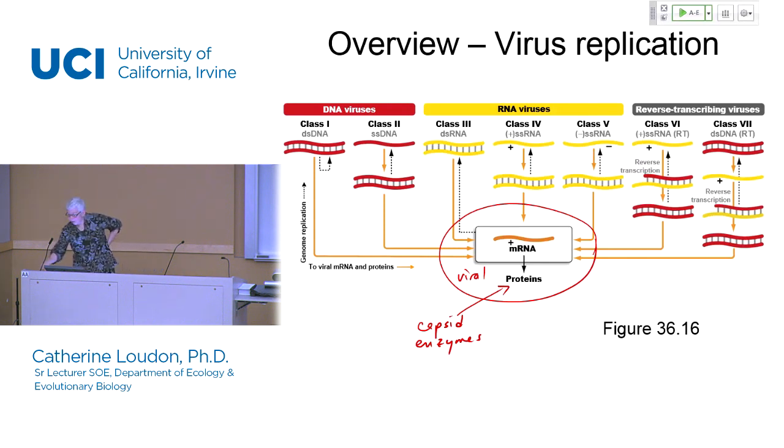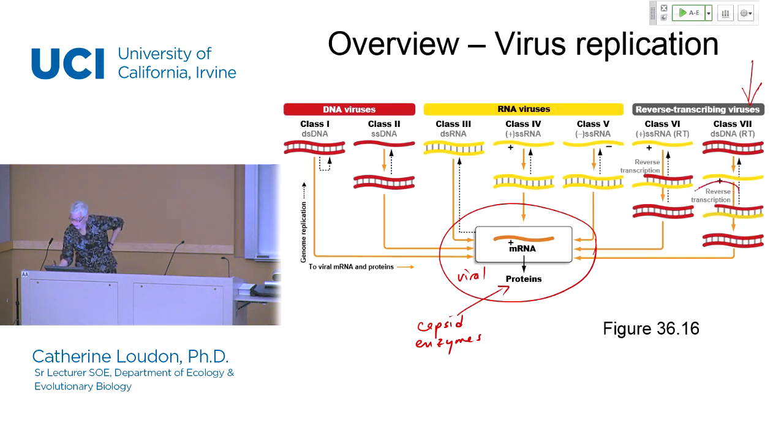But notice over here on the far right, we actually have an example of a double-stranded DNA virus that is undergoing a more convoluted route for generating viral products. You can see we're starting with a double-stranded DNA and then making RNA. But notice now there is something different going on.